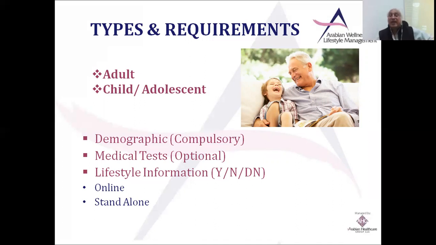You have health scans for children from the ages of 5 onwards, right up to the age of 18, with different parameters for the teenager as opposed to the growing child or the younger child.